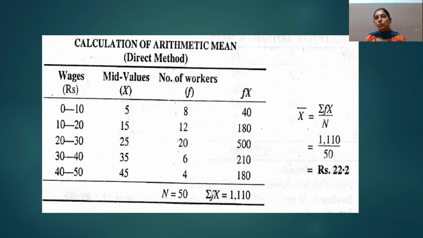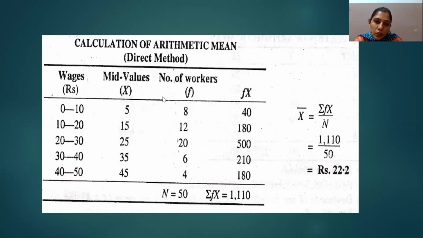As we have also discussed in the previous series, the total, or you can say the sum, of f is the answer for n. If we want to calculate n under this continuous series, then by adding all the values of f, we can get the value of n.